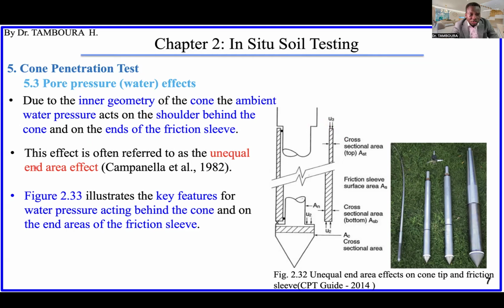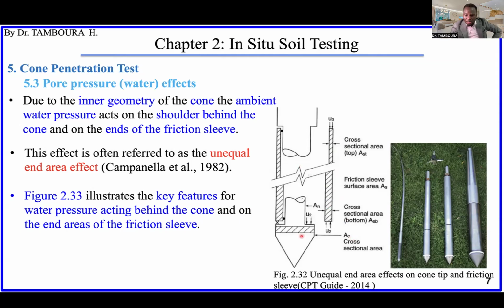That is what it says: the shoulder behind the cone is here, and the end of the friction sleeve is here. And this is maybe the rod, connected to here.